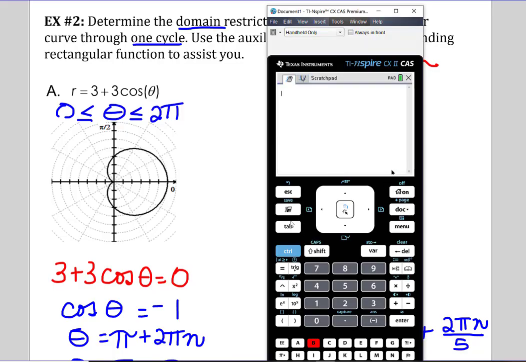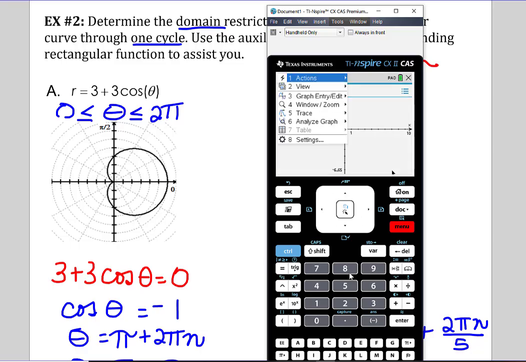So following that same type of logic, on my graph we've got 4 times the sine of 5 theta. I'm in the wrong mode there.